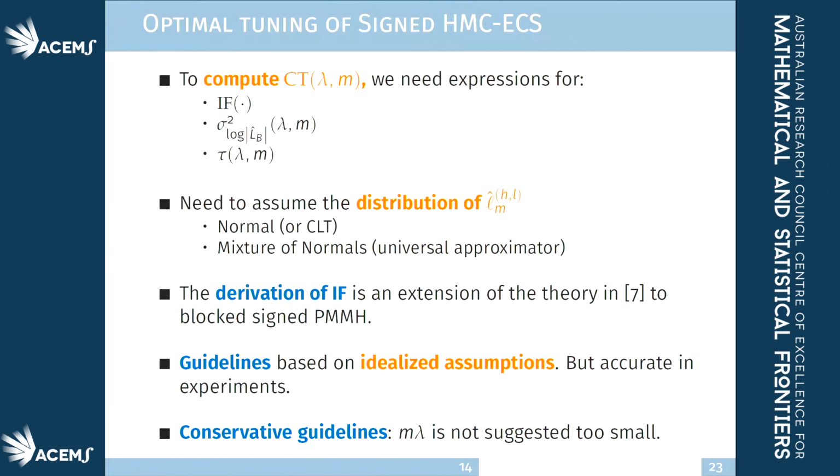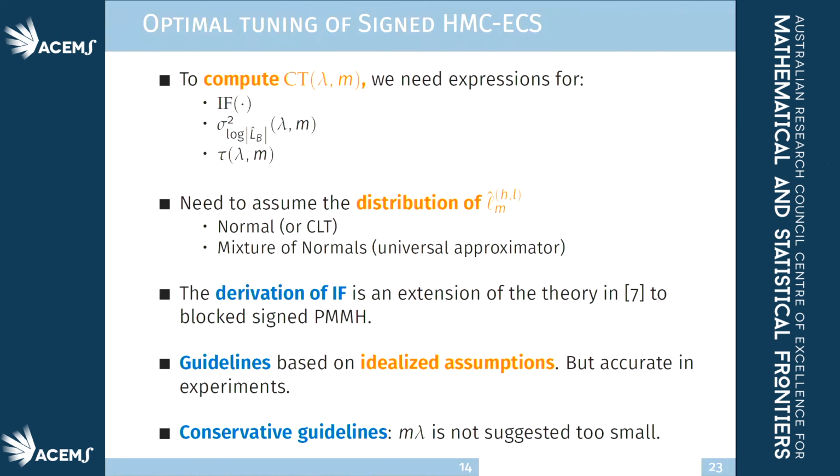And so we need to assume some sort of distribution on the L hat. We can posit that to be normal, or we can posit it to be a mixture of normals. And we base part of our theory on a previous paper that I was involved in, 2012, on perturbation theory. The derivation here is an extension of theory that we did before.